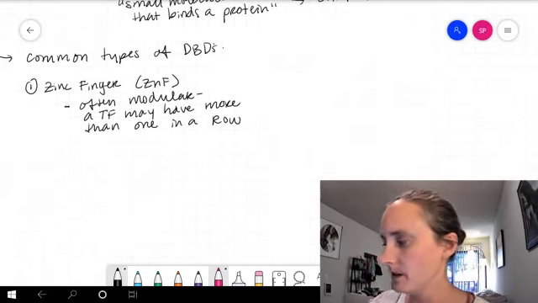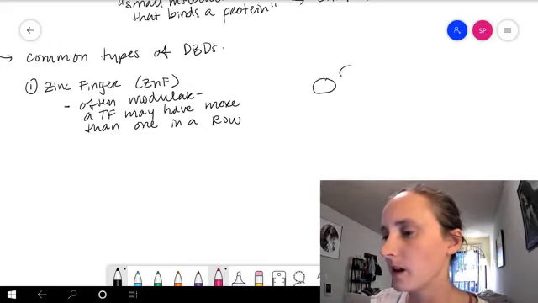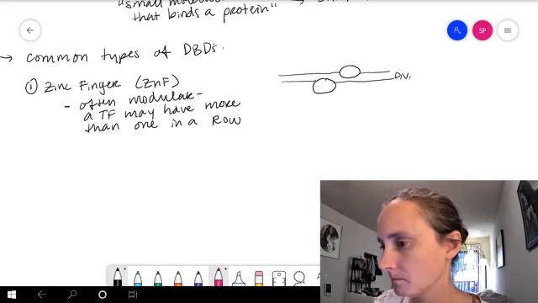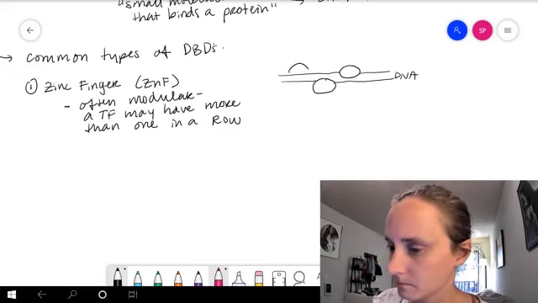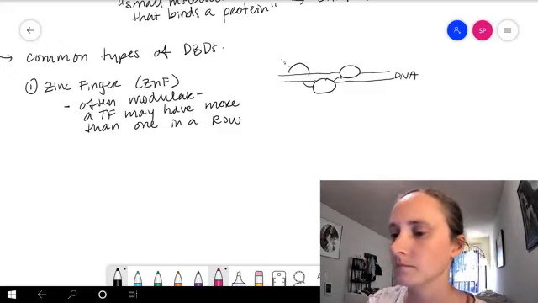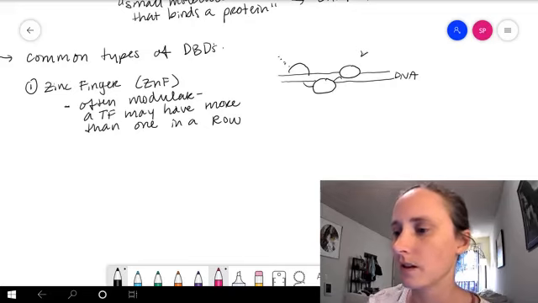All right, so here I'm going to just draw some little potatoes lined up. Here's the DNA. So here would be a string of zinc fingers, like 3 in a row.